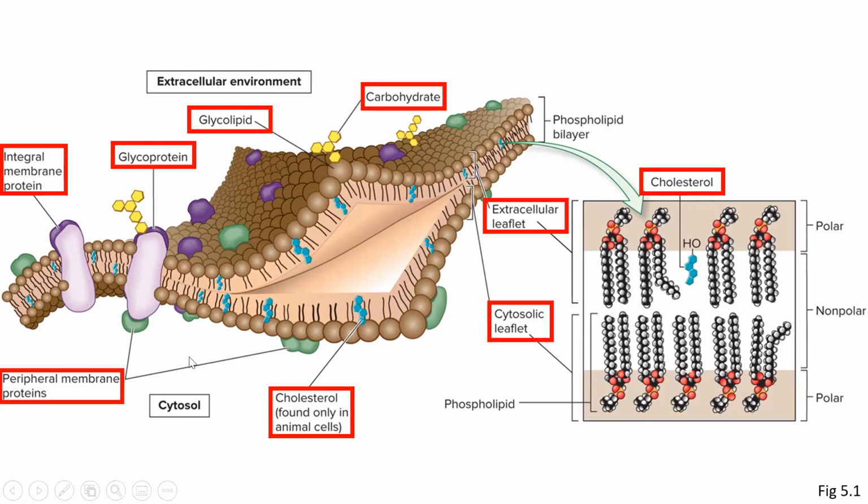So there's a cytosol. Remember, the cytosol is the water-like fluid found within a cell. Now, if we take this phospholipid molecule and we magnify it, okay, you can see this is the outer part of the cell, the extracellular. This is the intracellular portion.